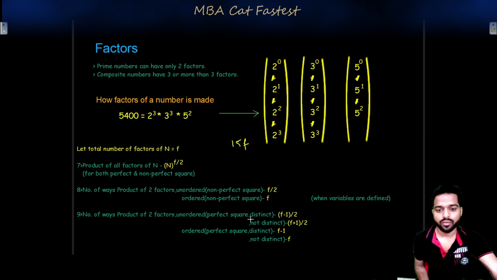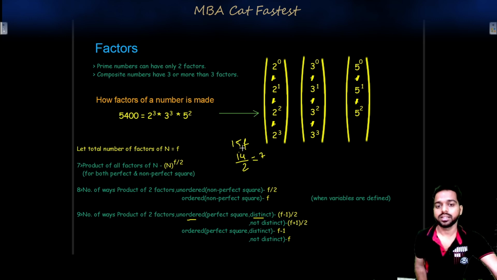To find the number of ways when distinct and unordered, when variables are not defined, if you do this you will get 7.5 approximately. Number of ways cannot be 7.5, it could be either 7 or 8. So here we go one step back, and because it is asking for distinct, it becomes 15 minus 1, 14 by 2, and you will get the answer 7.